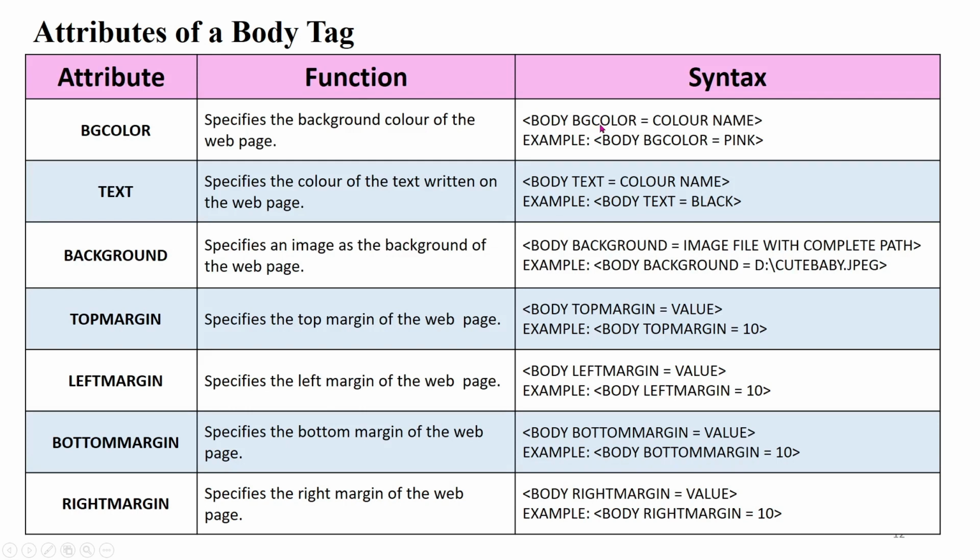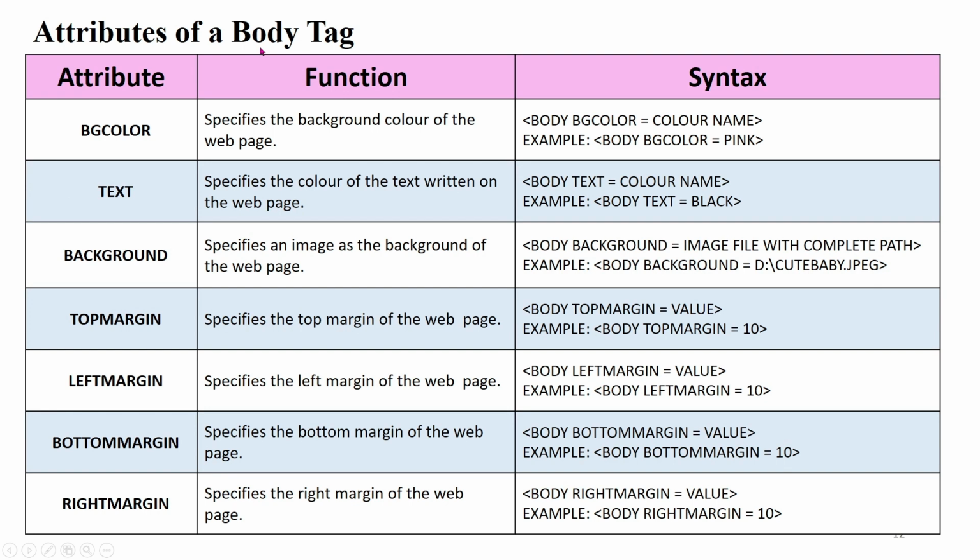Just read carefully the spelling of color. BG color uses American English, in which the spelling of color is COLOR. So BG color equals the color name. For example, body BG color equals pink.